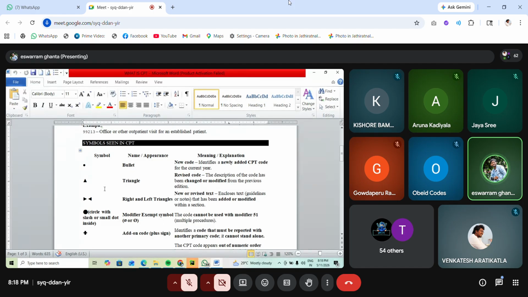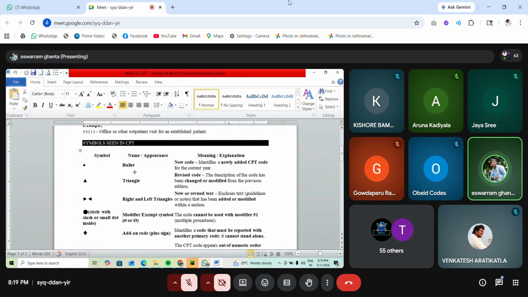So see here, this symbol indicates a new code. New code in the sense, if any code is new to this year, the symbol is like this, a bullet symbol. Next, if the code is revised, this is not that important, just for your awareness on the CPT.